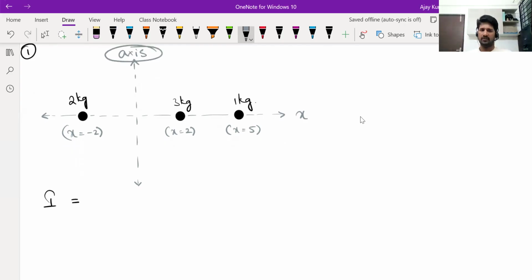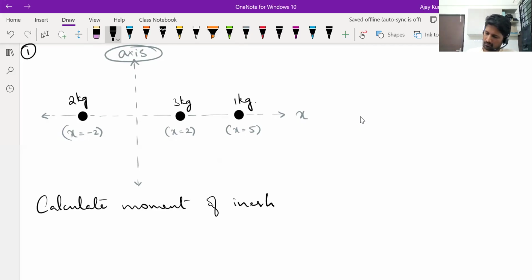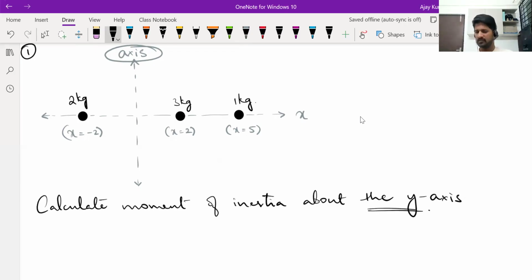You have to find the moment of inertia about the y-axis. With respect to the y-axis is what I mean, but generally we call it about that axis. That means you have to take distances from that axis.